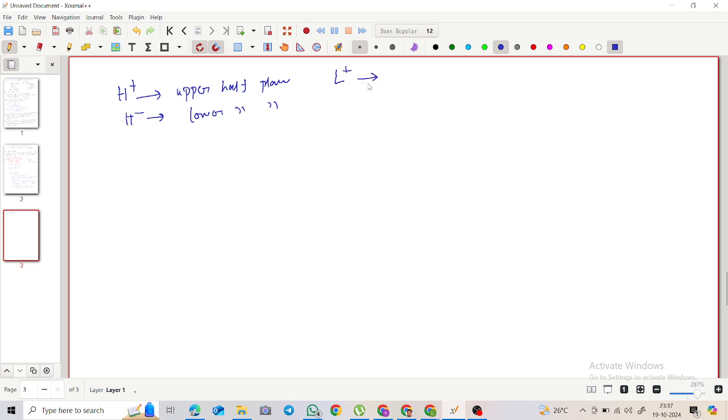L plus is x greater than 0, that is the right half plane, isn't it? So L minus is the left half plane.